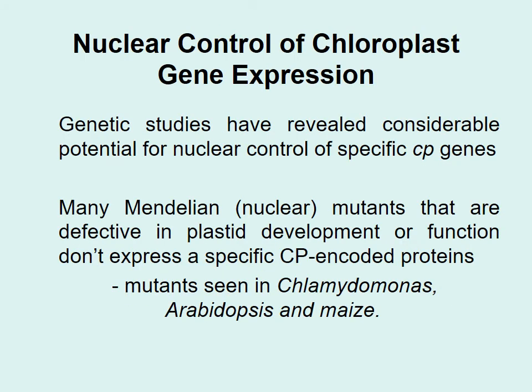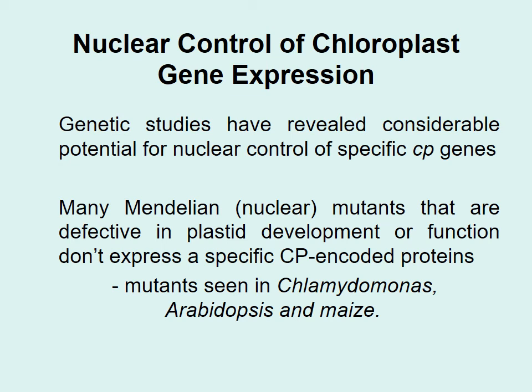Then, nuclear control of chloroplastic gene expression. Genetic studies have revealed considerable potential for nuclear control of specific chloroplastic genes. Here mutants have been used to study the nuclear control of chloroplastic gene expression.